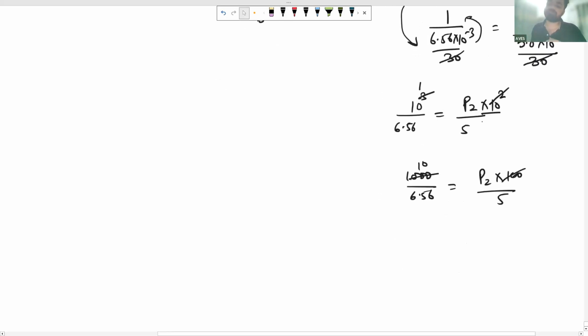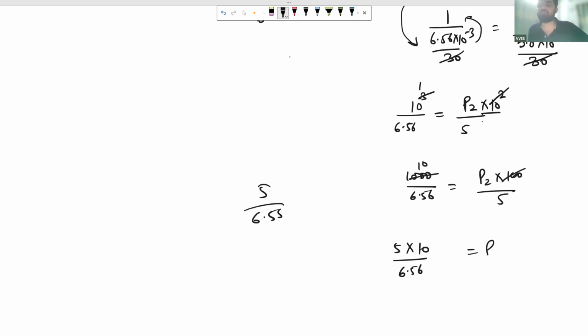You understood? This is the simple mathematics. Yes, sir. Now this 10 will go to this side. You will get P2 equal to 5 into 10 divided by 6.56. Now you can assume this one is 6.55. So 5 upon 6.55, you can assume it this way.